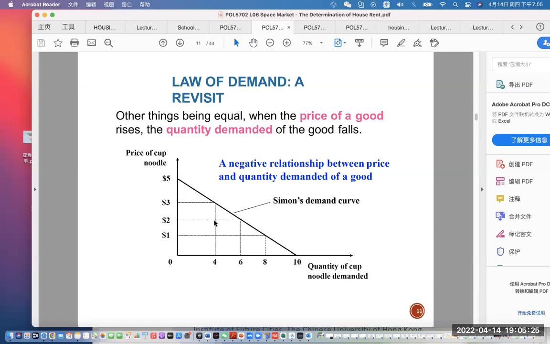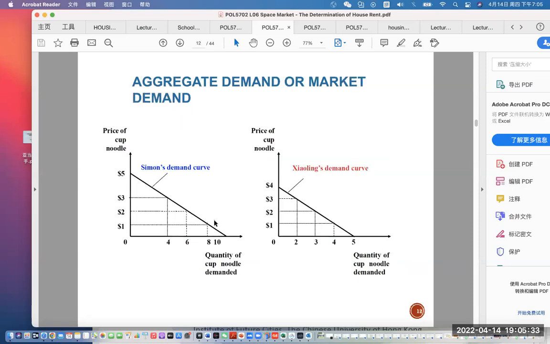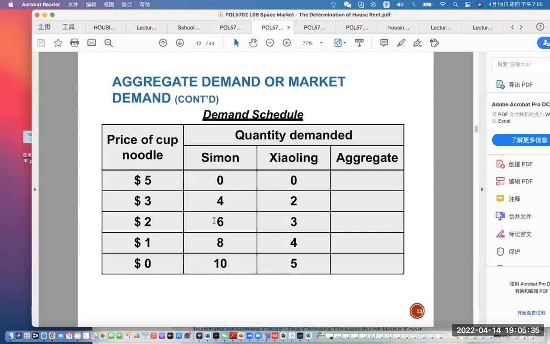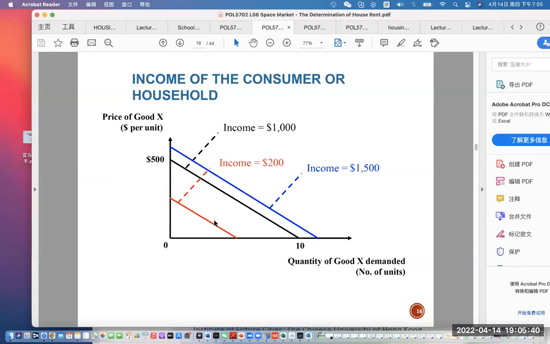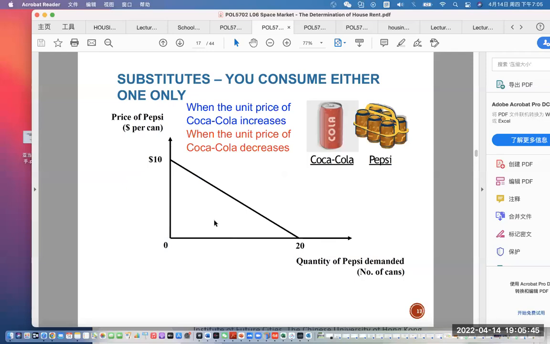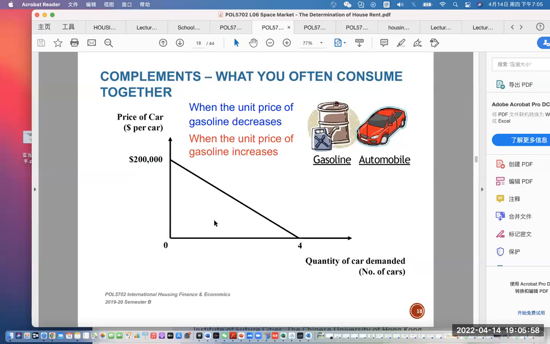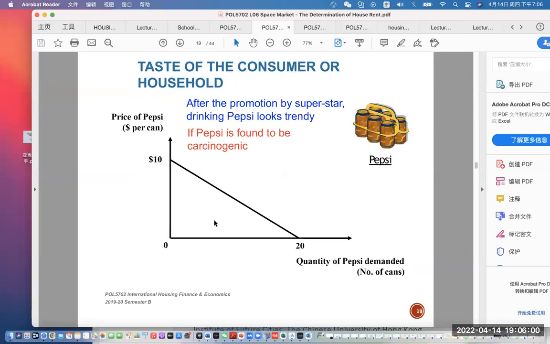I will not go into too much detail, but to revisit, it is important for you to look at the quantity demanded from two different demands, which can give different results or outcomes, right? Between the income of the consumer or household, and the substitutes that you can consume, either one, right? Coca-Cola and Pepsi, but it will affect your decision, and also the options for the complements.